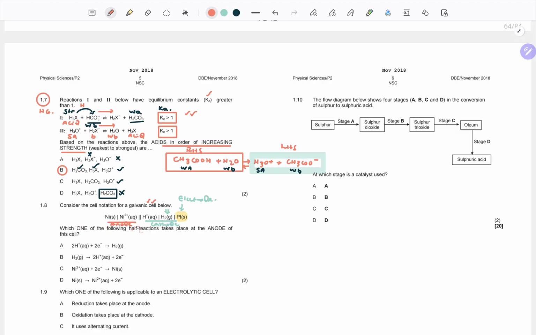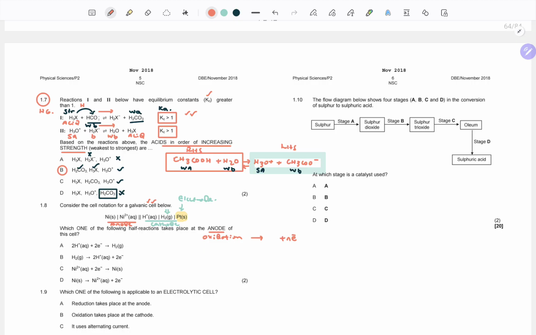So the question says, which one of the following half reactions takes place at the anode? We know that at the anode, oxidation takes place. Now oxidation means we should be shedding electrons, however many those electrons are.